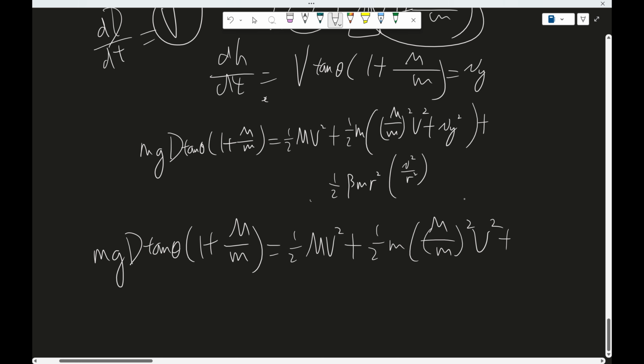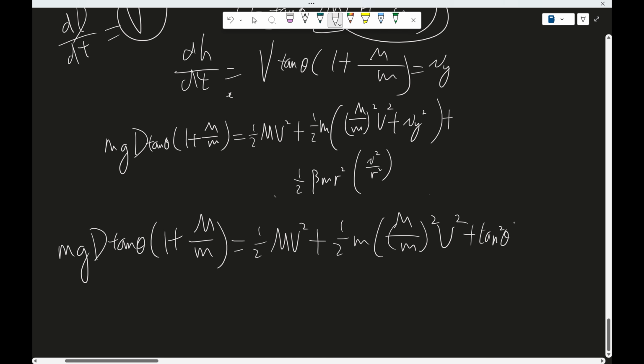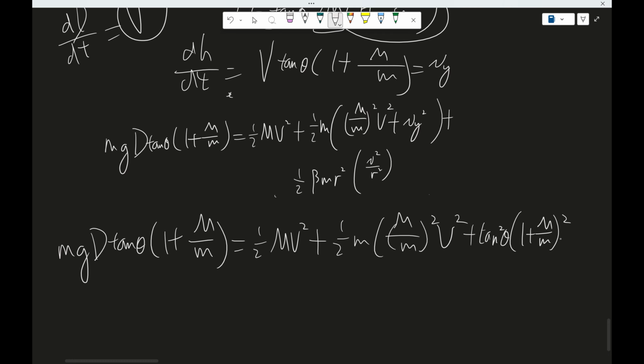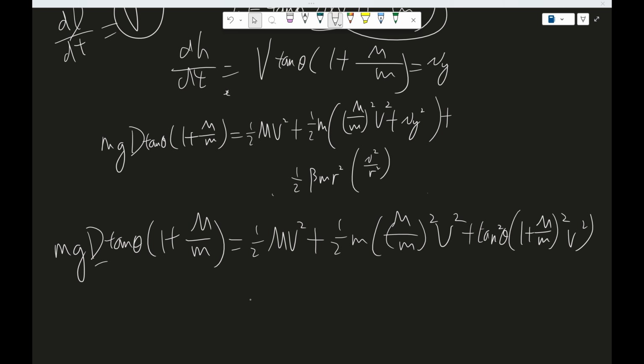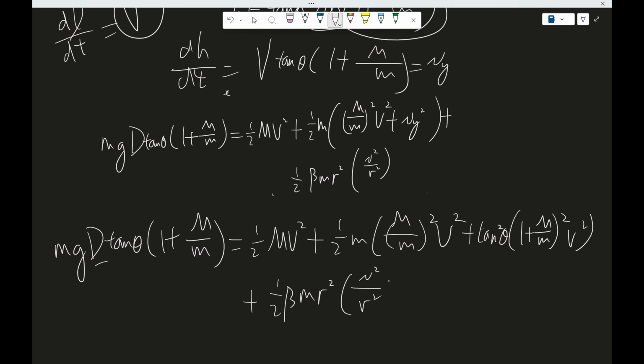Vy squared would just be tangent squared theta times 1 plus big M over small m squared v squared plus half beta m r squared over v squared over r squared.